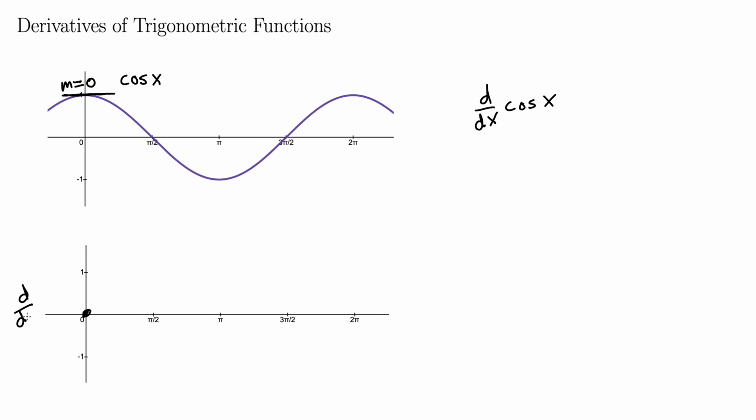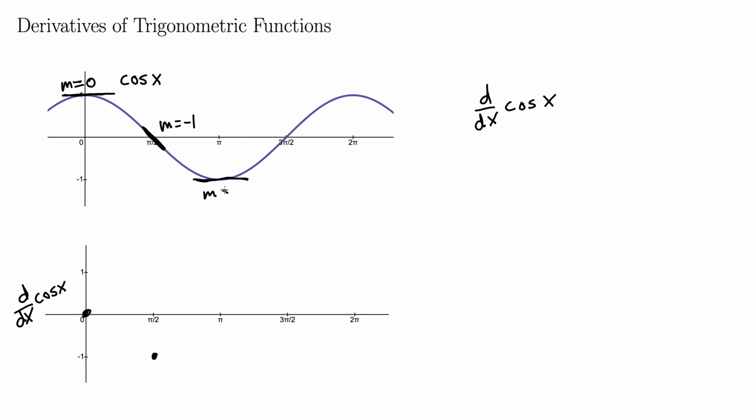So this is d by dx of cos x down on this graph. Okay, at pi over 2, that looks like a -1 slope. So I'll put a -1 down here at pi over 2 on the derivative graph. At pi, we're back to a slope of 0 again.